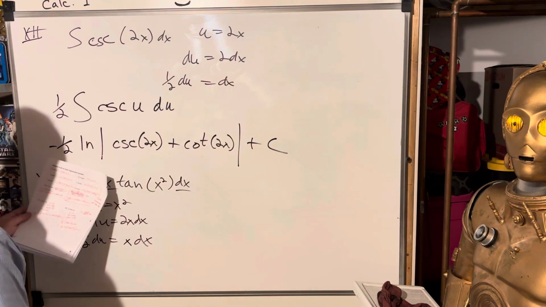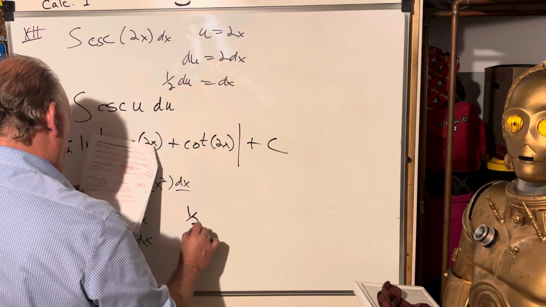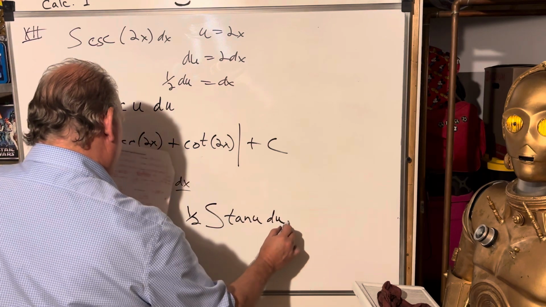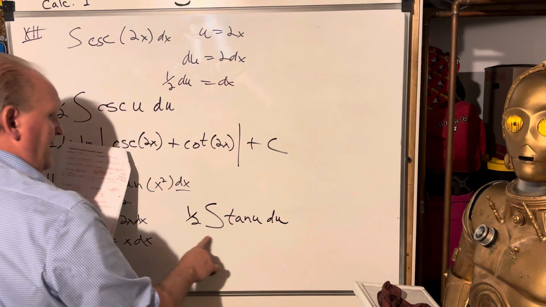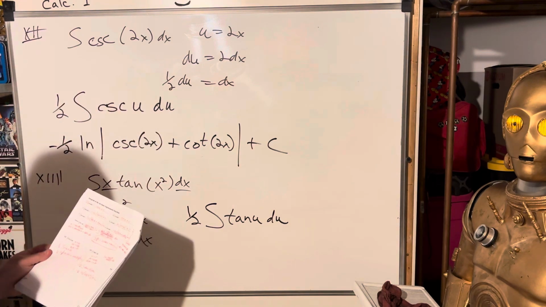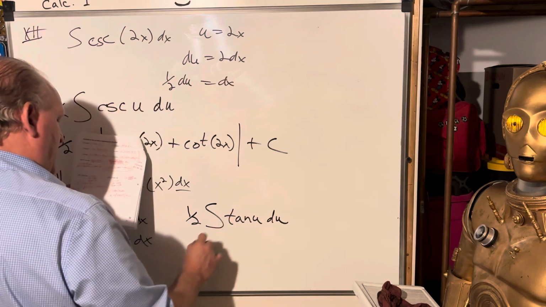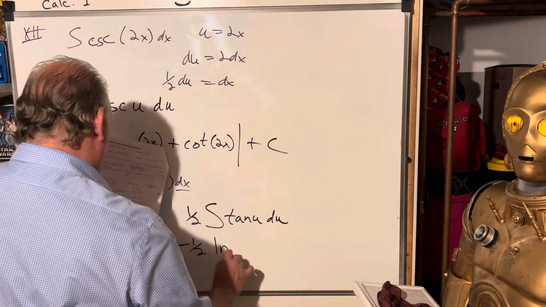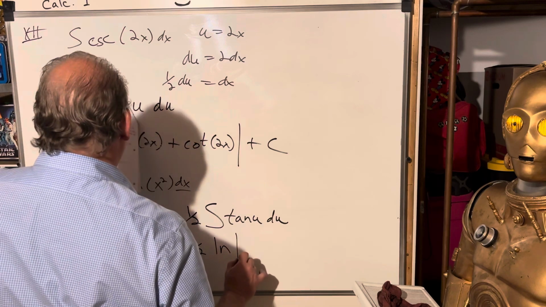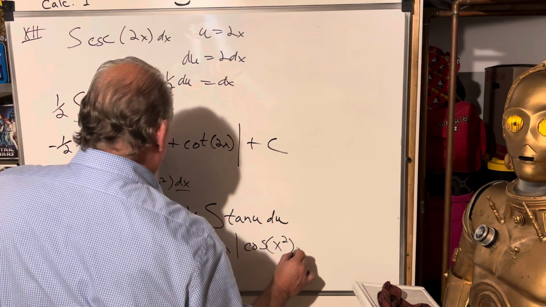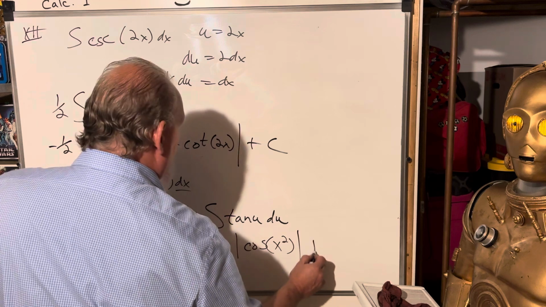And so you're looking at 1/2 the integral of tan u du. And so when you do that, you get negative 1/2 ln of the absolute value of the cosine of x squared plus c.